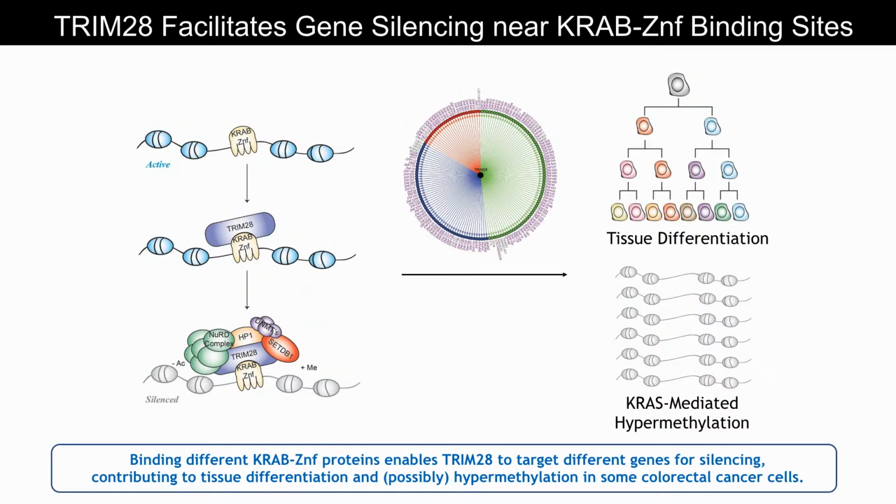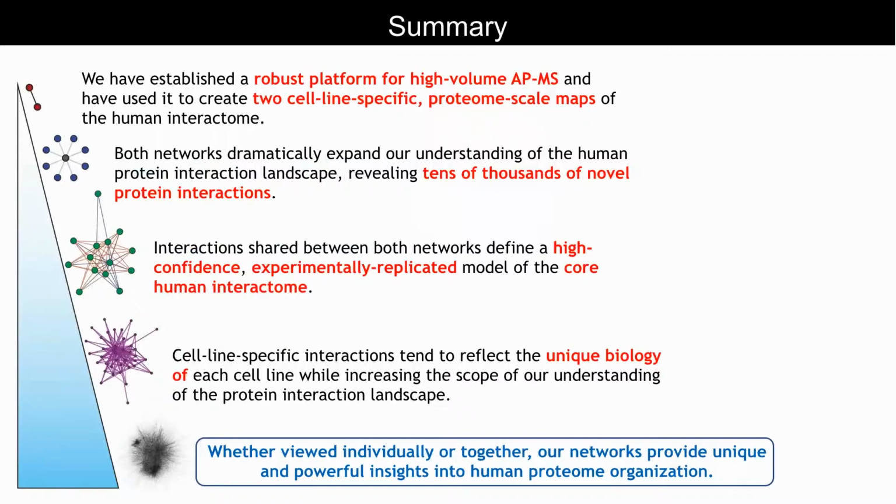And so what this suggests is that you have these two different lineages that are using different sets of KRAB domain proteins together with TRIM28 to control expression of the proteome. And so I think there's going to be a very large number of other examples that emerge as we continue to compare the proteomes of HCT116 and continue to build the network.